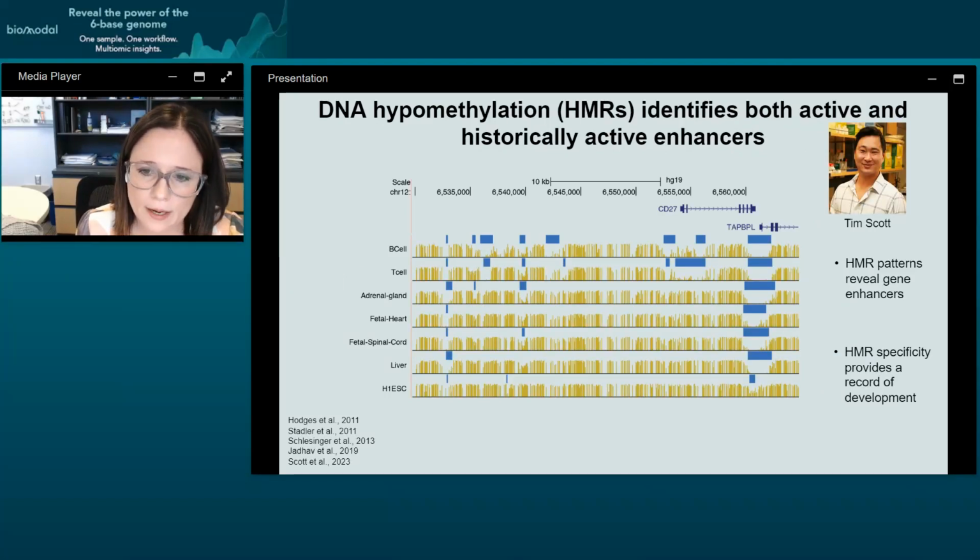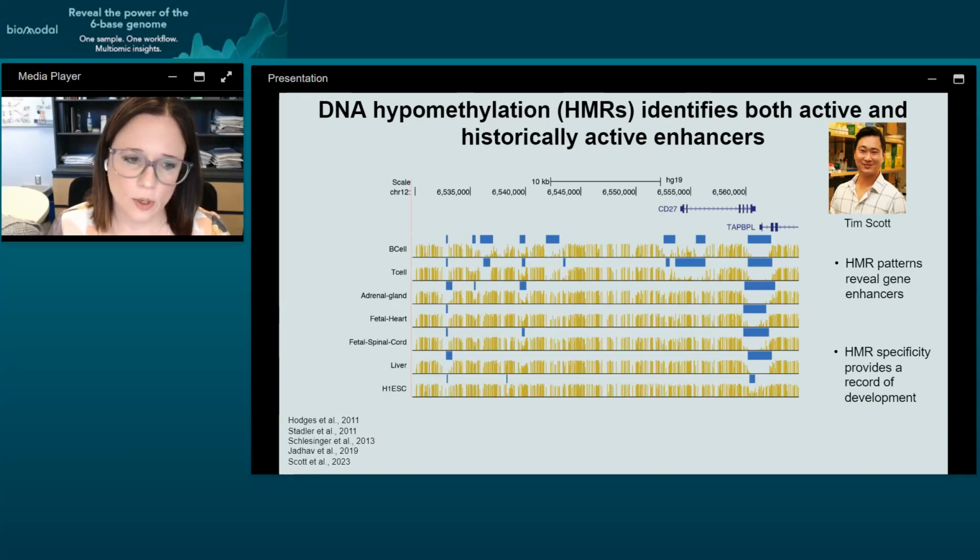And by comparing DNA methylation profiles using whole genome bisulfite sequencing, we've been able to understand a lot about the overall dynamics of DNA methylation. And as I said, most of these hypomethylated regions are coinciding with gene regulatory elements like gene enhancers.